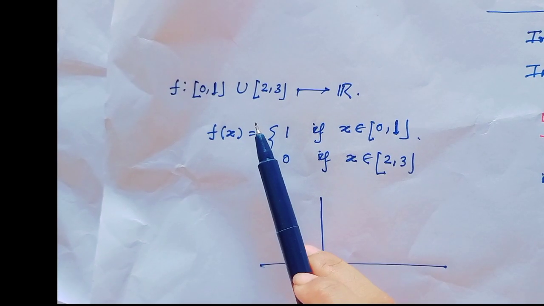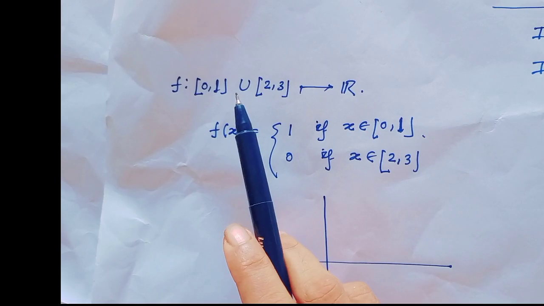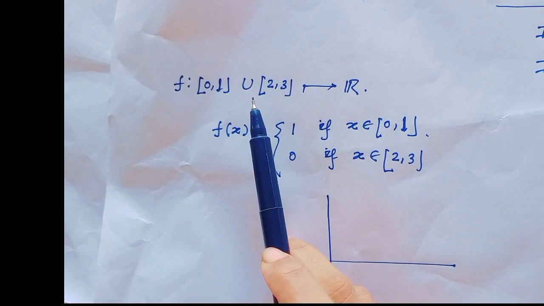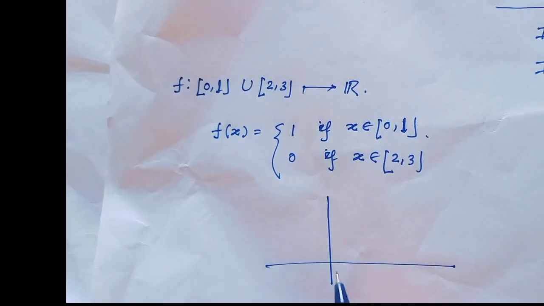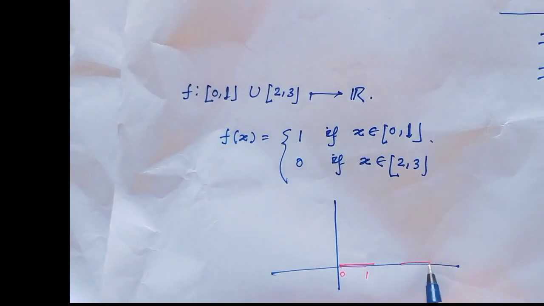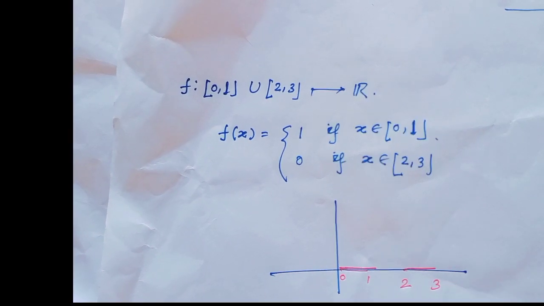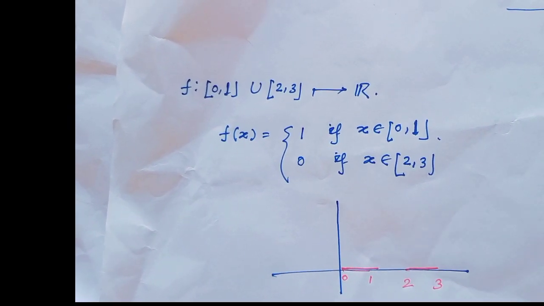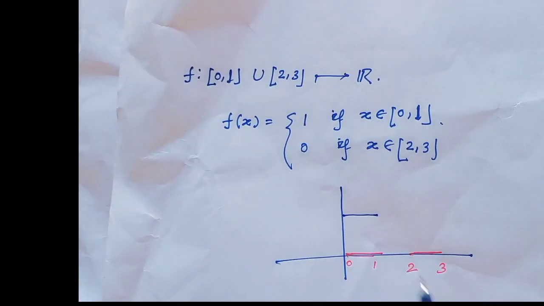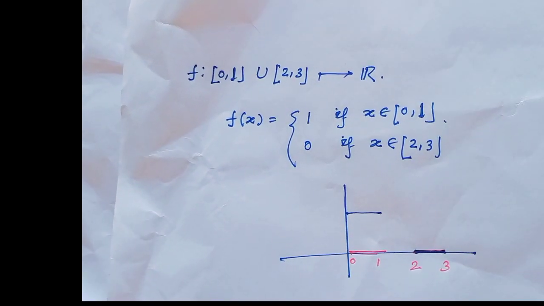Now consider one function. This is very interesting. Notice here f is defined on the domain [0, 1] union [2, 3]. Here [0, 1] and here [2, 3]. This is the domain, and the codomain is the real line, and the mapping is defined as f of x equals 1 when x belongs to [0, 1], and f of x equals 0 when x belongs to [2, 3].